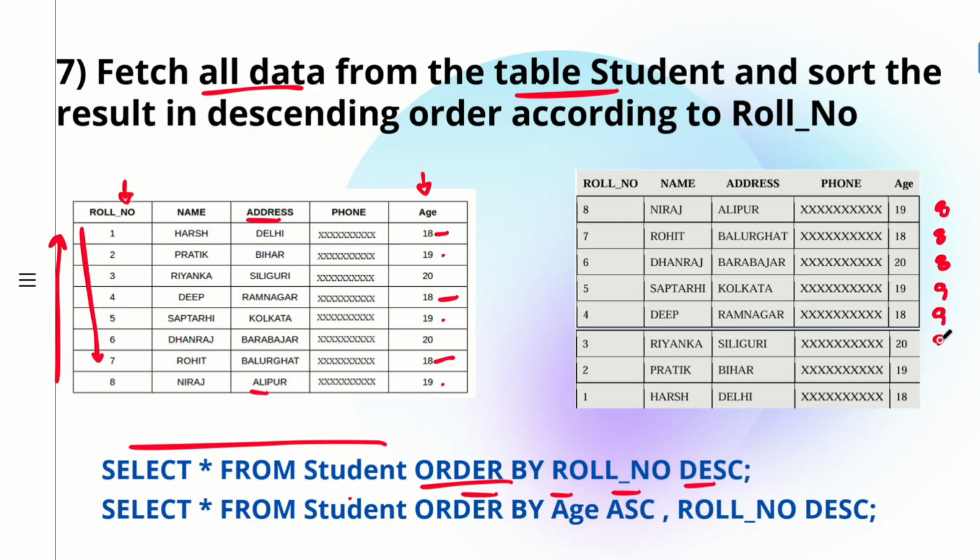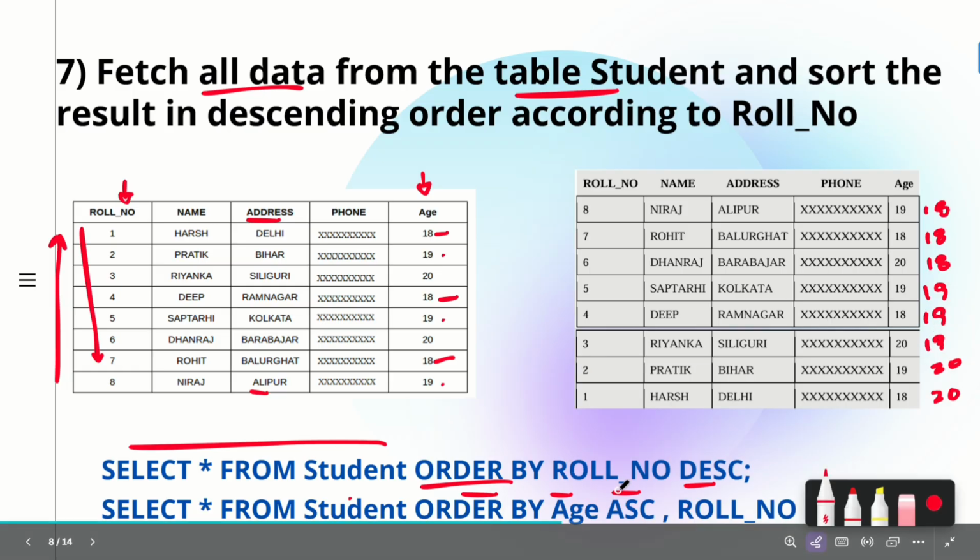Then after that, we have 22 times, right? So 22 times you will get. This is how you arrange your table rows based upon age, in ascending order.